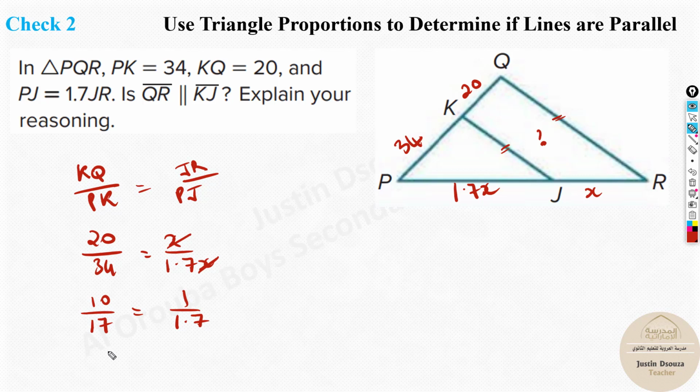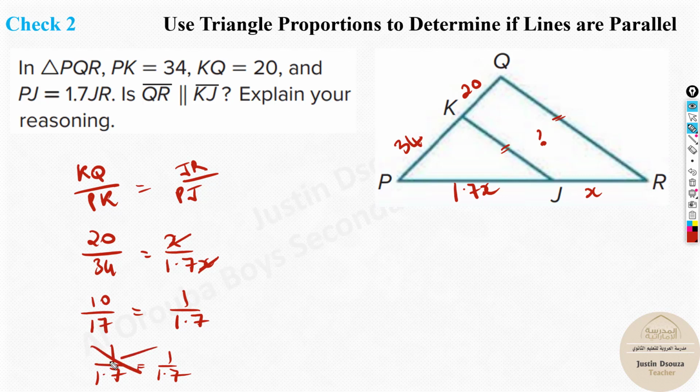So 10 by 17 is equal to 1 by 1.7. That's fine. Why? Because if you divide both sides by 10, you will get 1 in the numerator and the denominator will be 1.7.